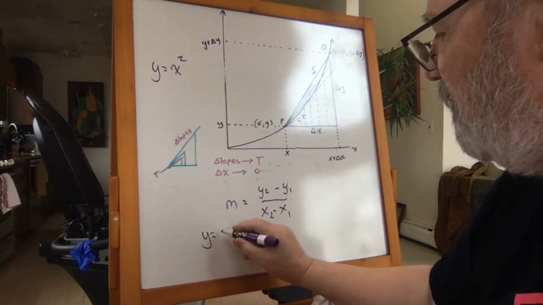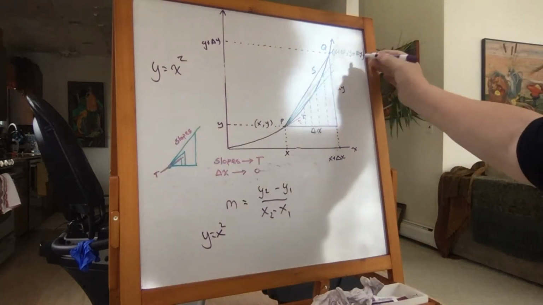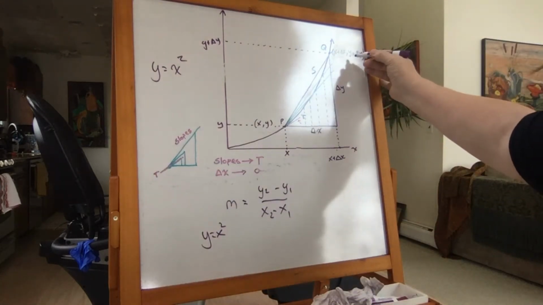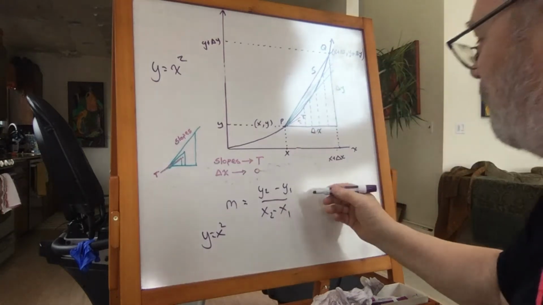But remember, y equals x squared. So when we're looking at the value for y2, we substitute for x in that.